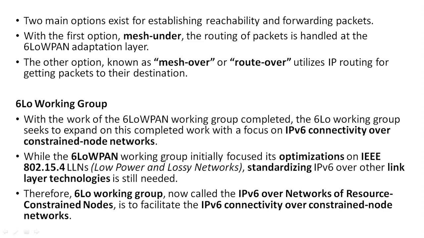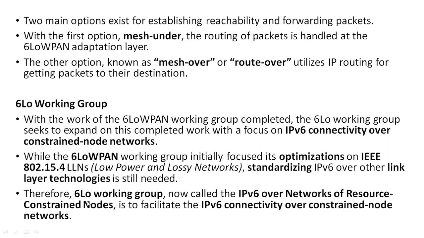Since it was focusing only on optimizations of low power and lossy networks, standardization of IPv6 is required now, because within a few years we will start to use purely IPv6. So still some standardization is required for link layer technologies.